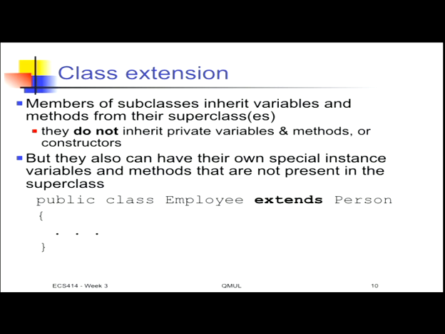Yeah? As we said in the first lectures, in Java, whenever you declare a variable or a method as private, that means that entity can only be accessed and used inside that class, it is private to that class. In particular, whatever is private cannot be inherited by a subclass because it's private.